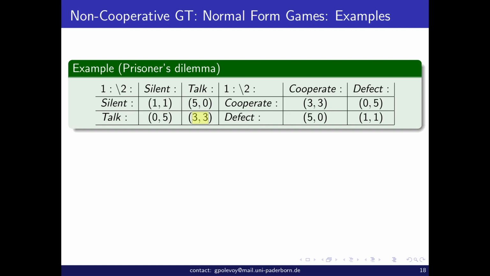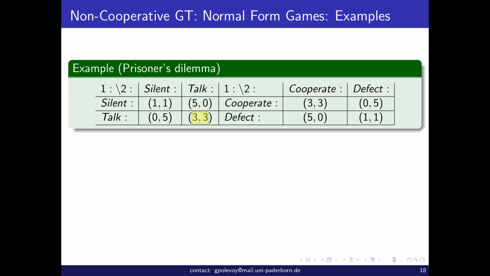That's an example that when you think about your own good, it's not necessarily that you make it better for all of you, or even for yourself eventually. So it can be that you need some means of coordination. Otherwise, you are going to be screwed like here.